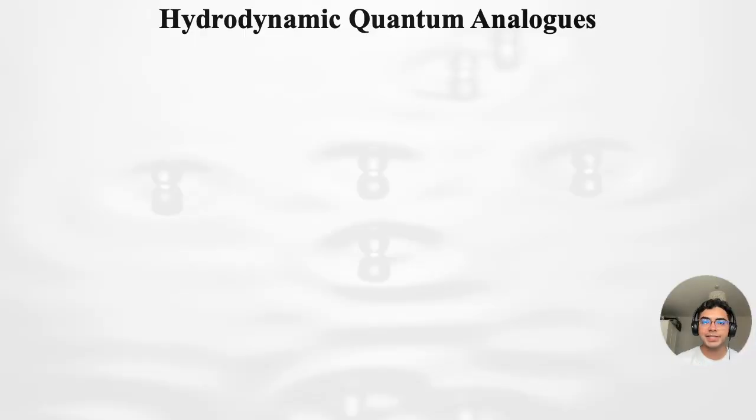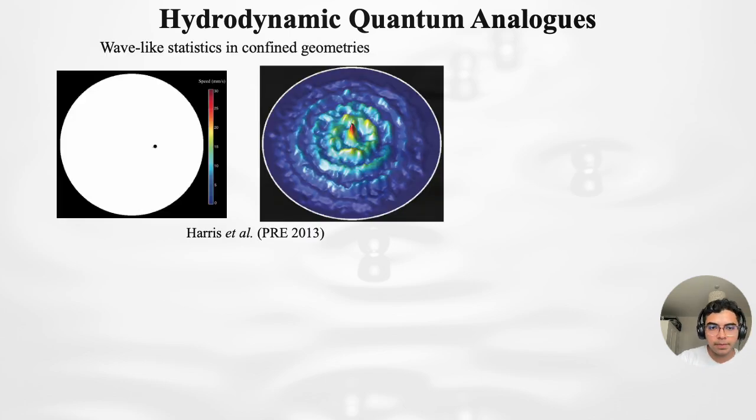Okay, so interestingly, in the high memory regime, the regime where the particle generated waves decay very slowly in time, these wave particle entities have been shown to mimic several behaviors that are typically associated with the quantum world. For example, if we put the droplet in a circular cavity whose dimensions are of the same order as the waves generated by the droplet, then you can see that the droplet will undergo a chaotic looking trajectory.